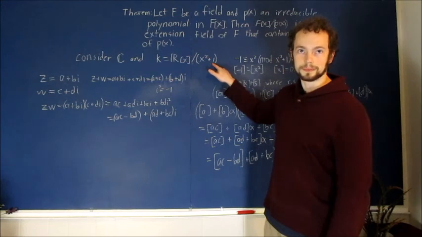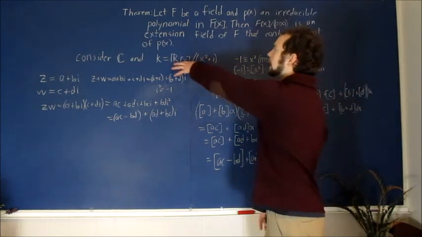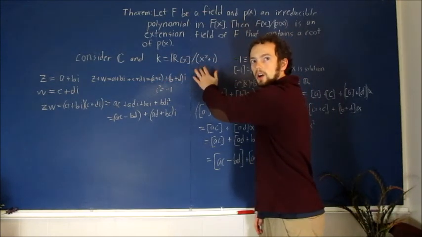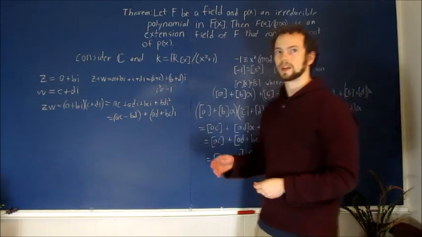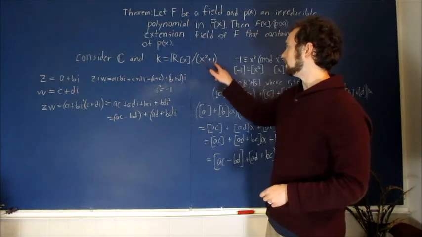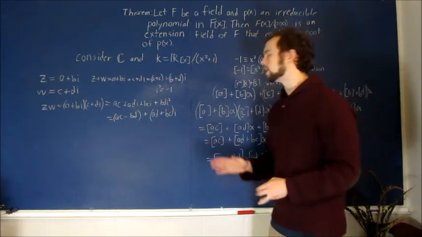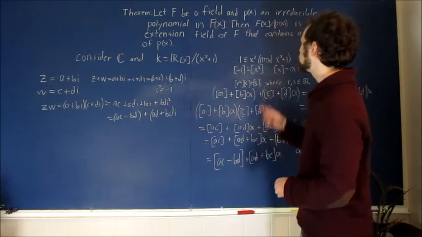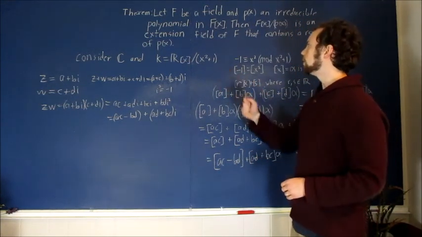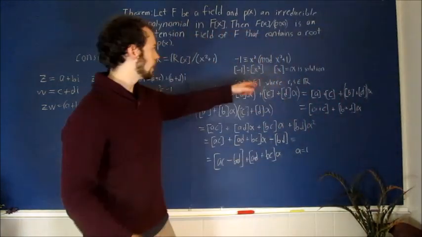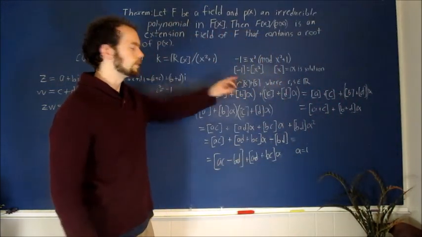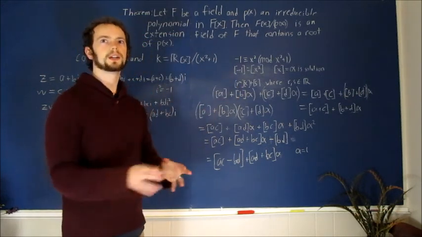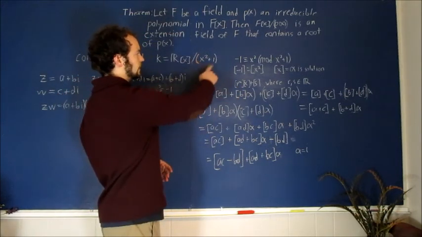So this theorem says that this extension field should contain a root of x squared plus 1. Now remember, the elements of this set are all congruence classes mod x squared plus 1. Essentially, they can all be written as the remainders you get when you divide some polynomial by this one.